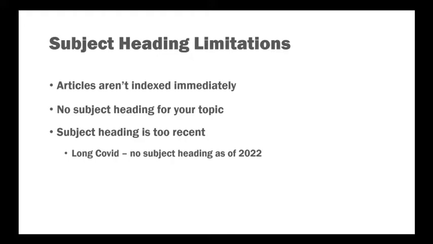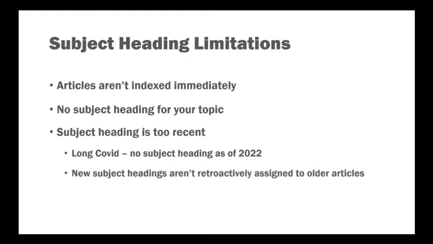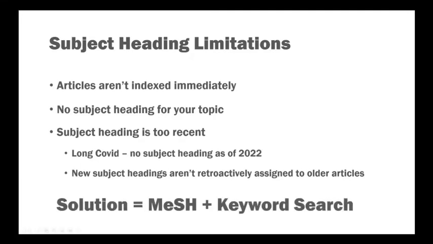Searching that MeSH will still not retrieve any articles published prior to 2023 because Medline doesn't retroactively assign new MeSH to old articles. For all of these reasons, when conducting a thorough literature search in any database, it's important to combine a subject heading search with a keyword search for every concept in your topic question.